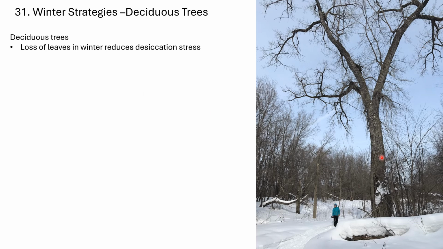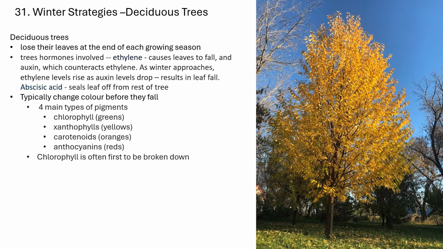This picture looks like a cottonwood taken in the wintertime. But before that, we probably know that we see color changes in most deciduous trees, cottonwood included. Here we have a really pretty tree in our front yard, and we can see it changing color as summer progresses into fall.